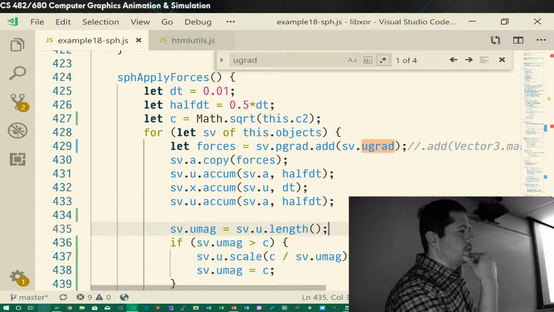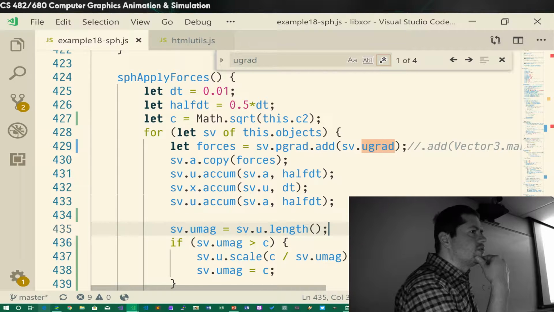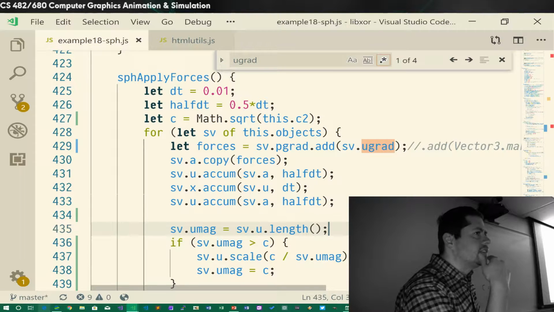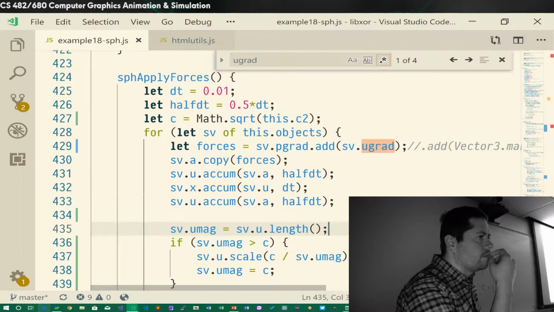If it's meters per second squared, then our force should not be allowed to increase more than C divided by the time step, right?